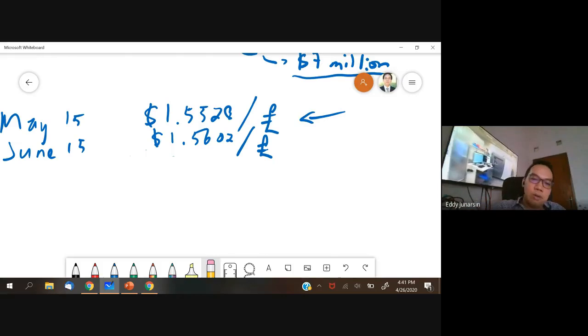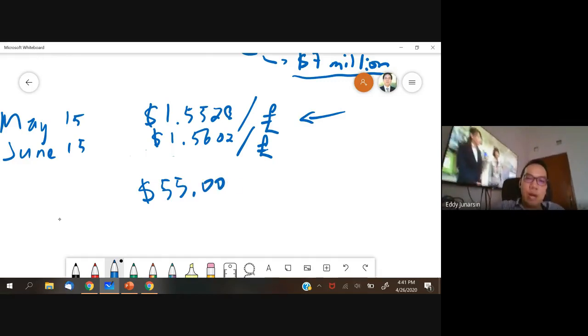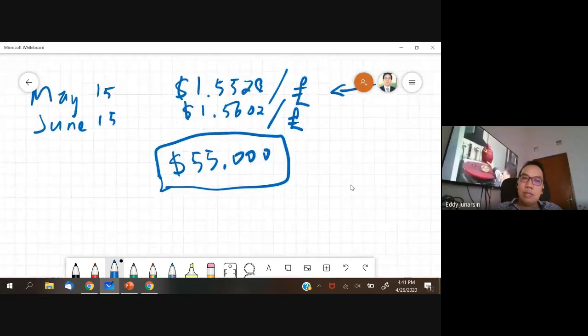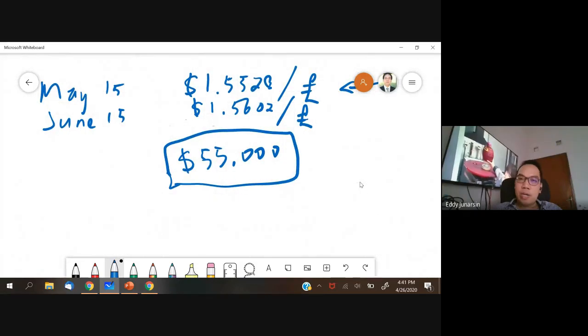Okay, so the information tells us that the price of the Buick has been 55,000 throughout the month. So actually, the price of the Buick doesn't increase nor decrease. It remains at 55,000. But when we translate now the value of the Buick in UK pound, it shows a difference after 1 month.